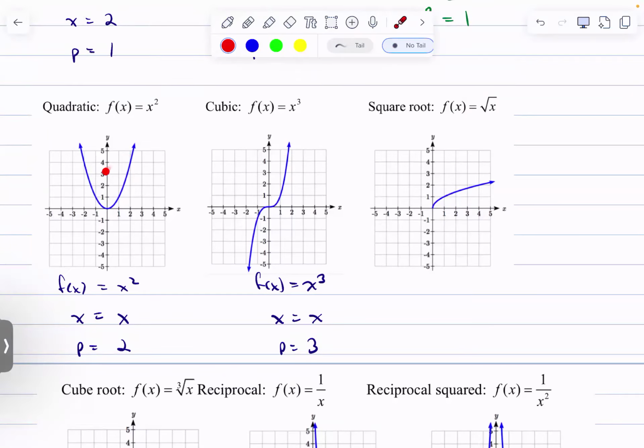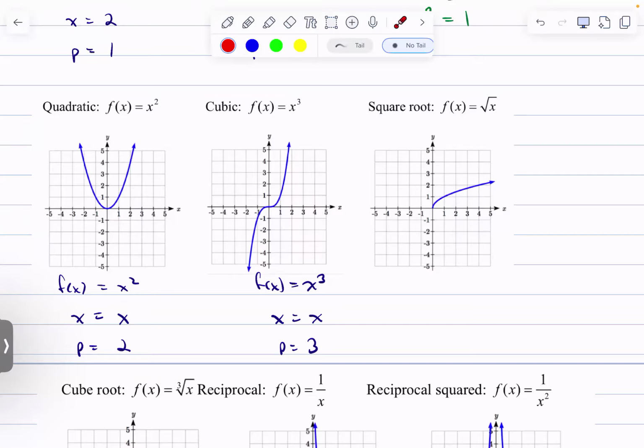In this section, we're going to focus on these two functions, x to the 2 and x to the 3. So we want to kind of commit the shapes to memory. I think we've all got the x squared pretty well down. And as we saw in chapter 1, and what we'll see again today, is that any even power of x will behave the same way. It'll just get smushed or stretched.